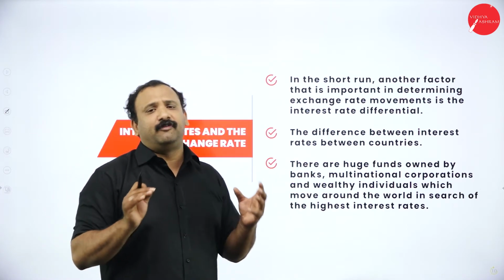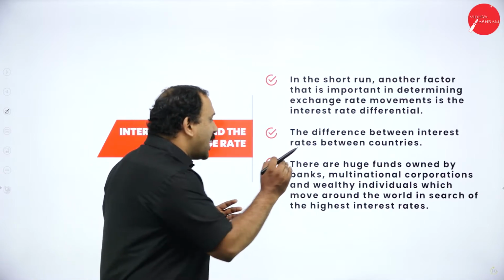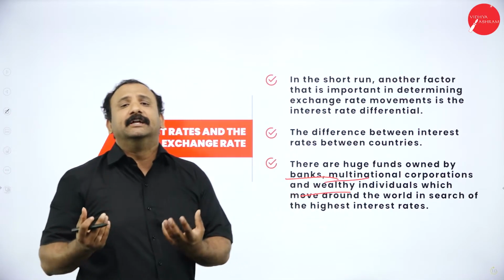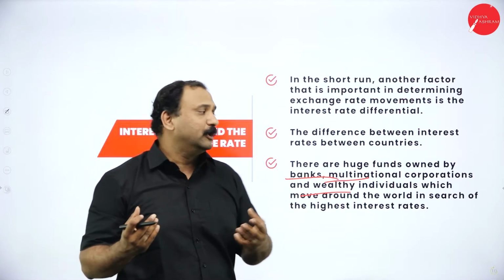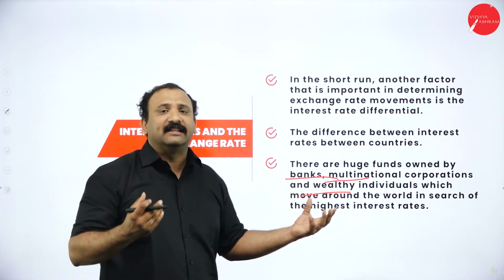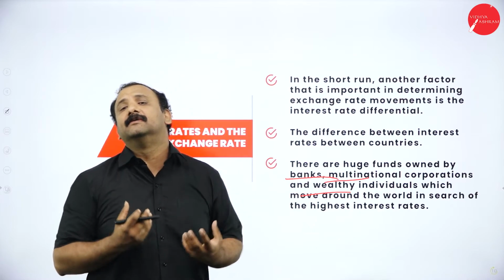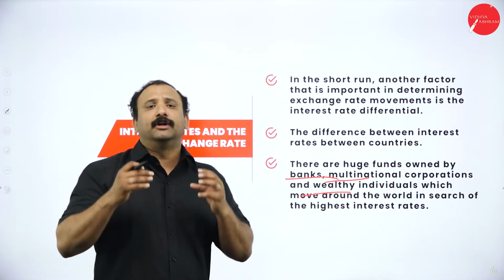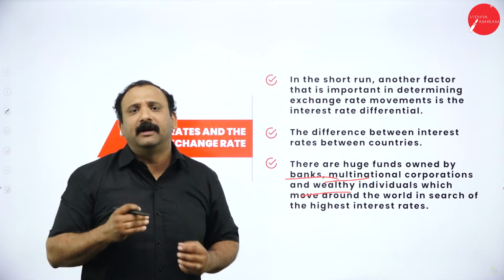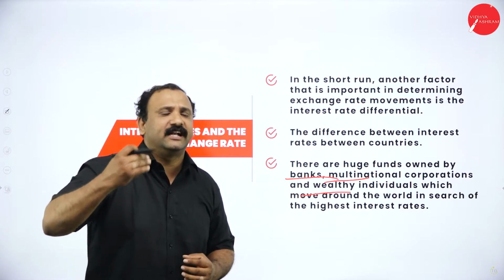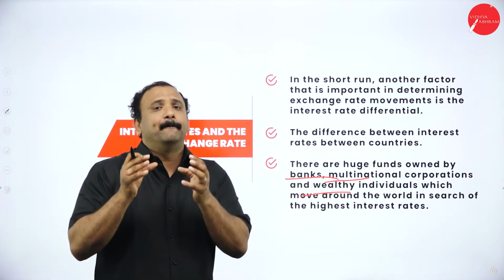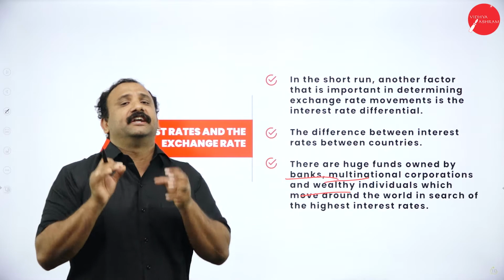There are a lot of funds, there are huge funds which are owned by banks, multinational corporations, wealthy individuals, NRIs and people who will try to make the maximum movement in terms of interest rate. So the borrowing, the lending, or you are trying to speculate with the money, you are trying to provide the currency at a higher rate or at a lower rate, will try to have an impact on the exchange rate system.